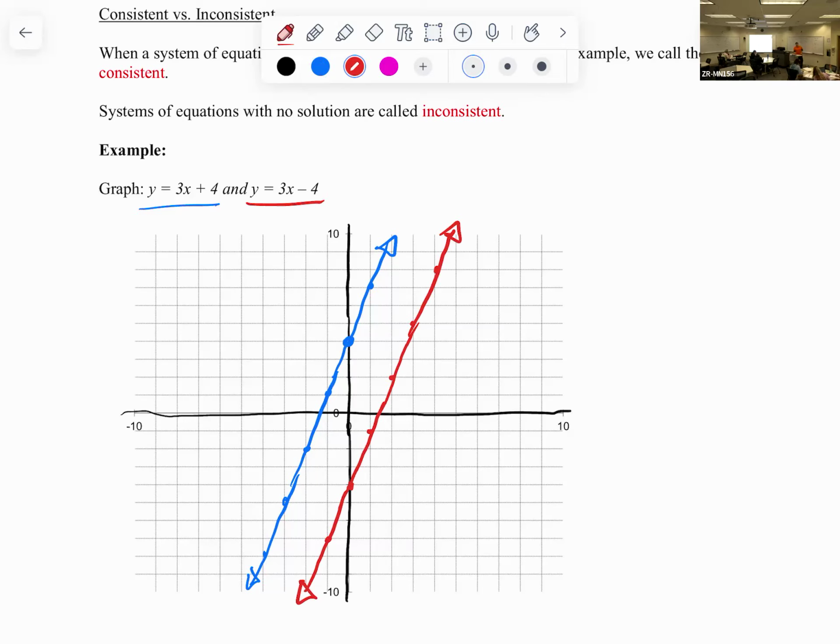They're parallel. How do we know that algebraically? They have the same slope.